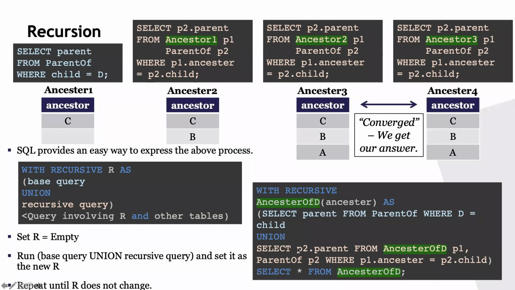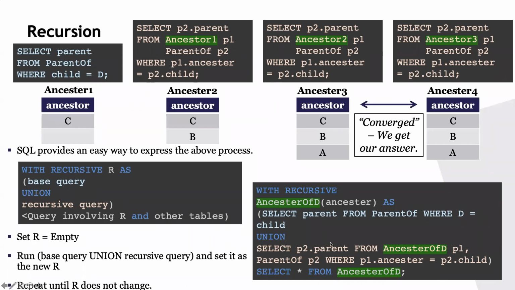Essentially here you are doing one level up. So what's going to happen in the database is it's going to first set ancestor of D equal to empty and run this query, and then set that as the new ancestor of D, and keep running this query until that doesn't change. And once it has converged, it's going to run the last query, which simply gives you all the results back.